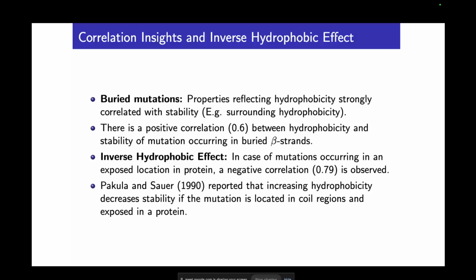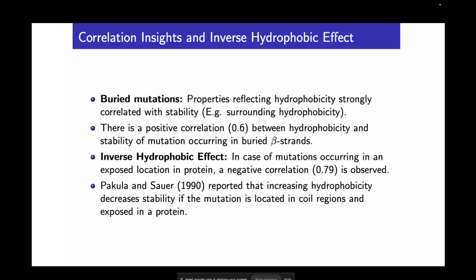There was this one study. There's this inverse hydrophobic effect as well. In cases of mutations occurring in an exposed location in the protein, a negative correlation is seen, which is expected because hydrophobic residues on the surface of proteins won't help the protein much, right? Because it has to have some hydrophilic properties to interact with the polar environments.